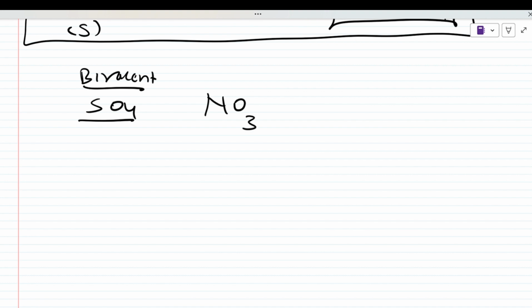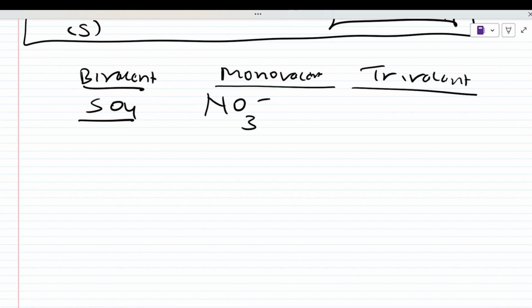In monovalent, I'm going to pick nitrate. And in trivalent, or those of valence 3, I'm going to pick PO4 minus. All these can react with hydrogen.